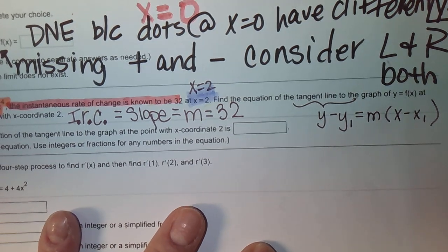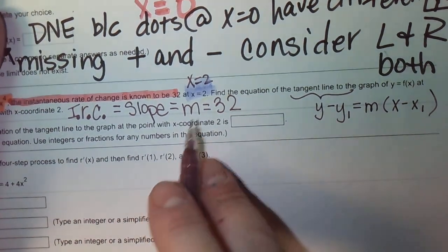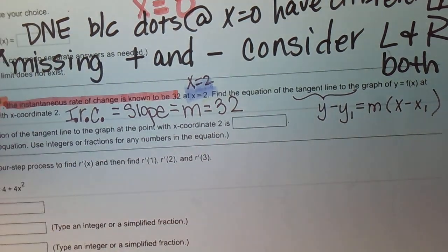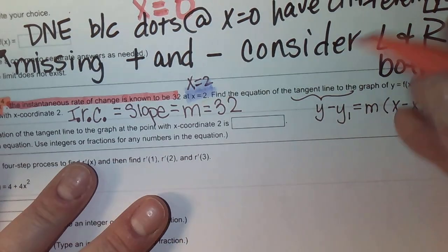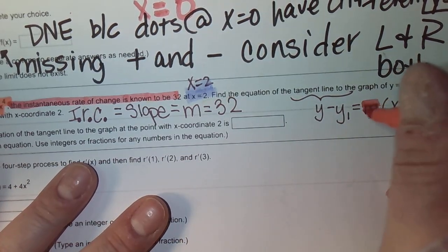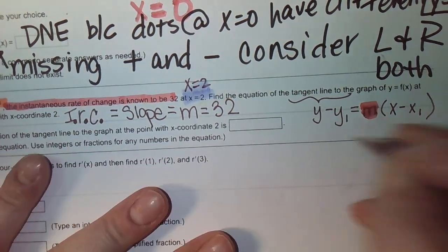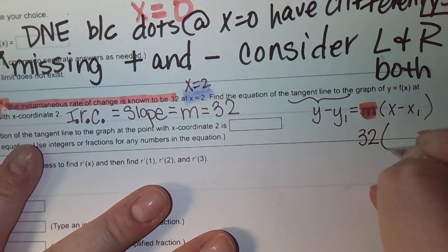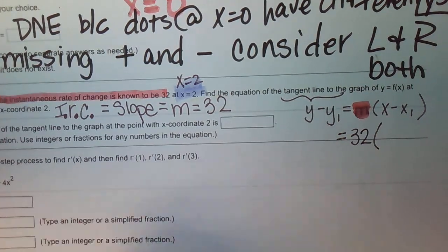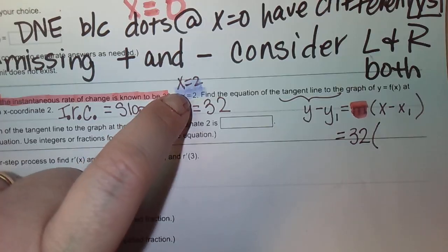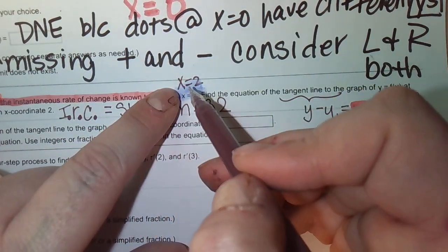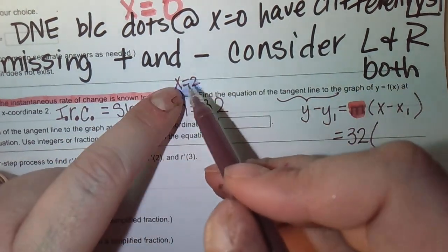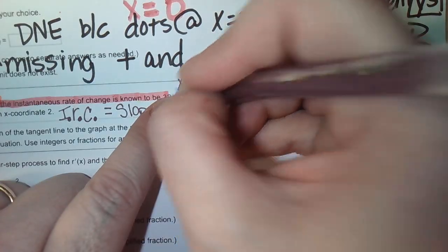That's the equation of a tangent line. And we know the m, it's that 32 from the instantaneous rate of change. Okay, we know the x value, and when I go to put this 2 in my formula, it's the x1.